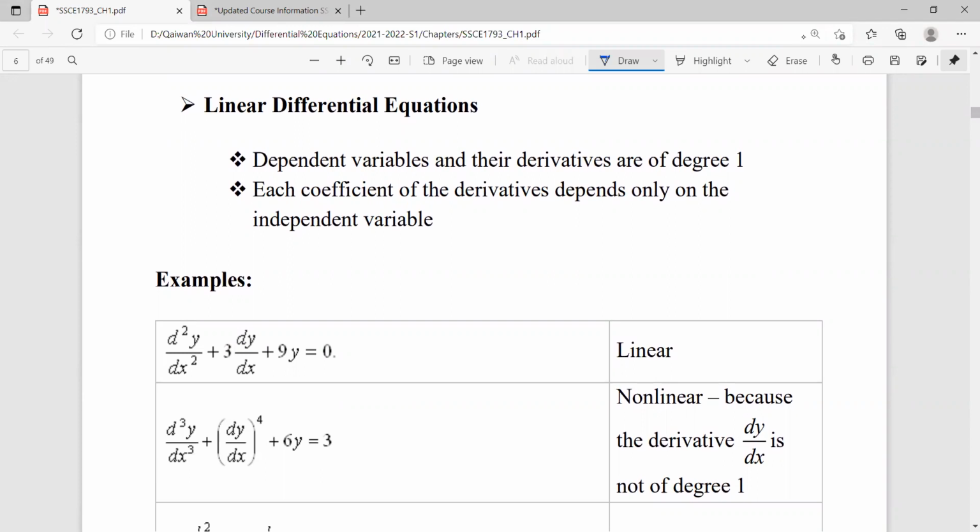We have these two conditions for the linearity of a differential equation. The dependent variables and their derivatives must have degree 1. And also the coefficients of the derivatives depend only on the independent variables.